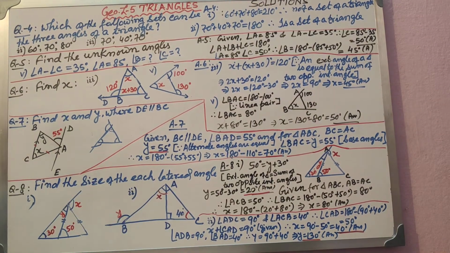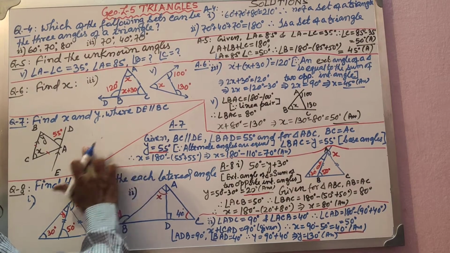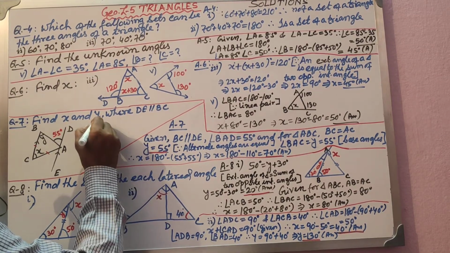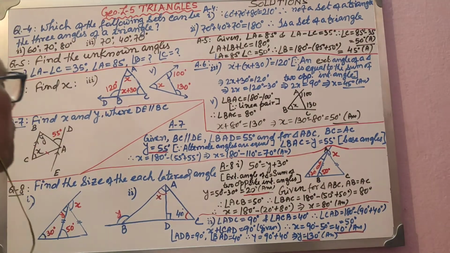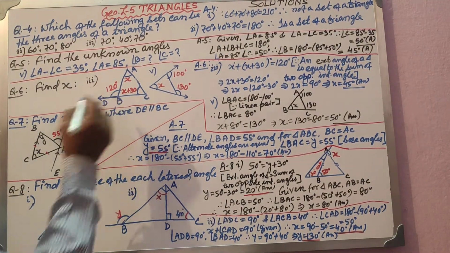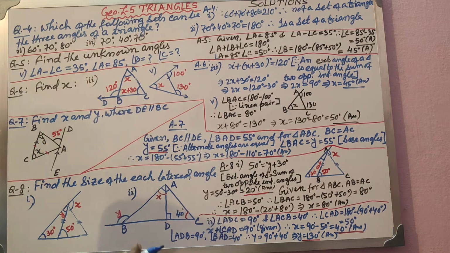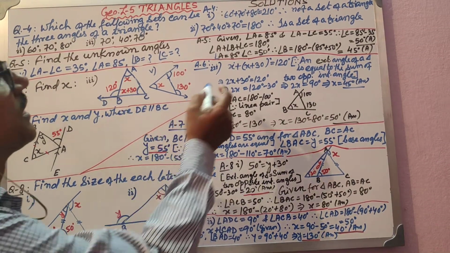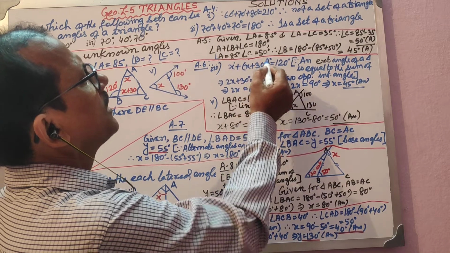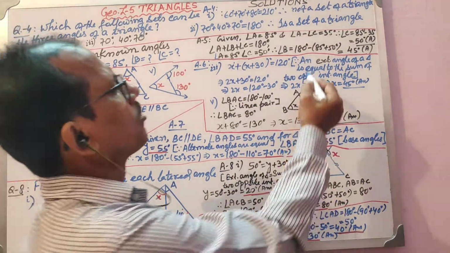So the exterior angle is equal to the sum of the opposite interior angles. That's the property. So in this case, 120 is given to you. So what is the value of x? 120 is equal to x plus 30 degrees. That is, x plus 30 degrees is equal to 120 degrees. You have written down the law.